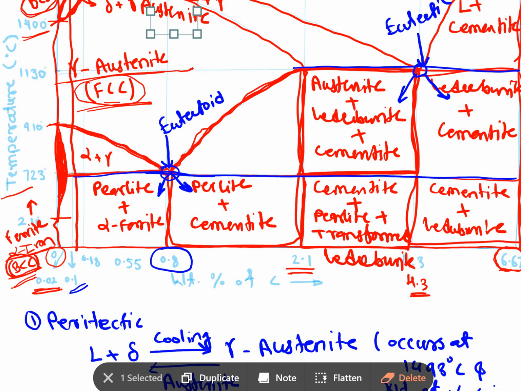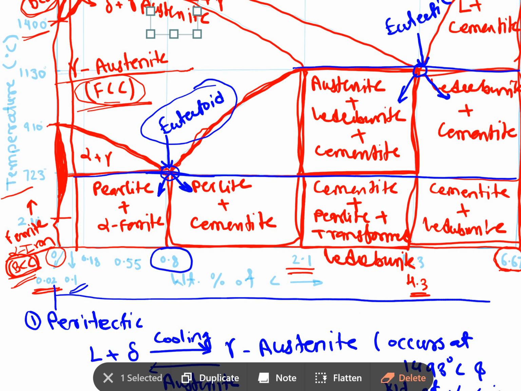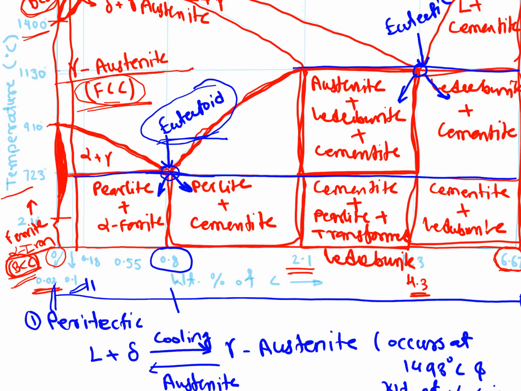From the carbon content and the transformation names, we have named some regions of steels. I will mention them here. From this point to 0.8% for gamma austenite, where the eutectoid reaction is happening, we call it hypoeutectoid.